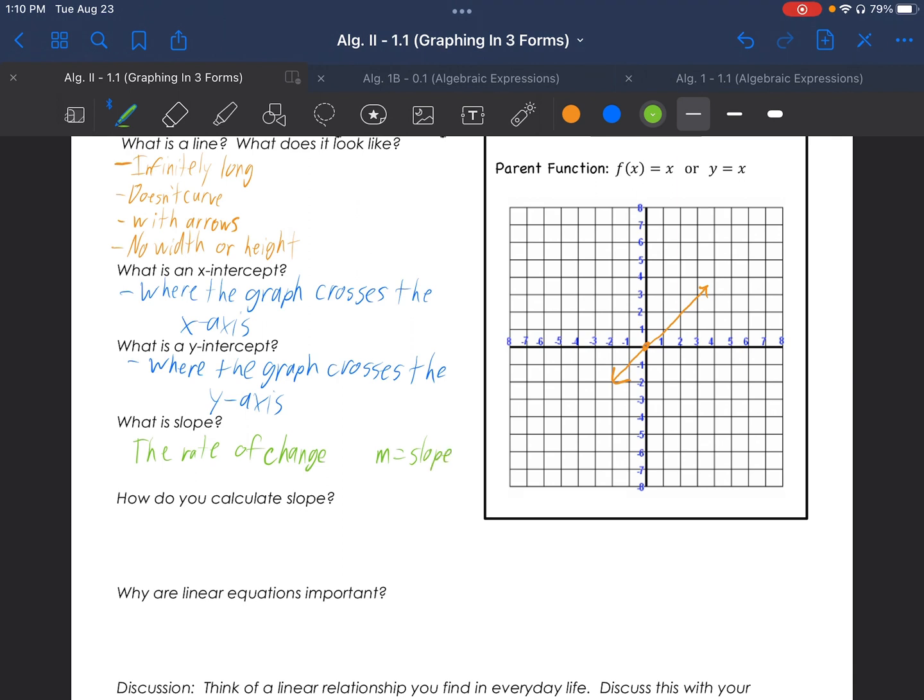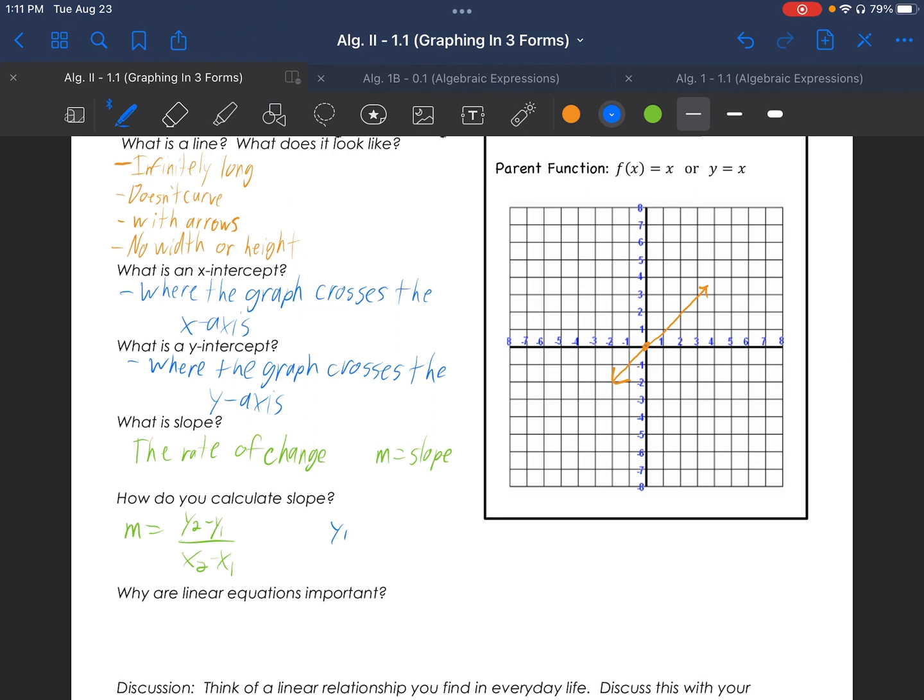So how do you calculate slope? Let's say we don't have a graph by any means, so we can't just count how far up and over it goes. You would use the formula: m equals y2 minus y1 over x2 minus x1. Specifically, the y's have to be on top and the x's have to be on bottom. You do not have to have y2 first on the top. You could have y1 first.